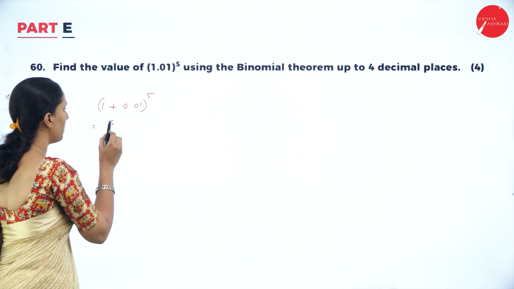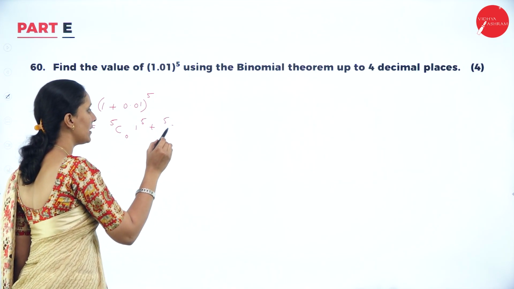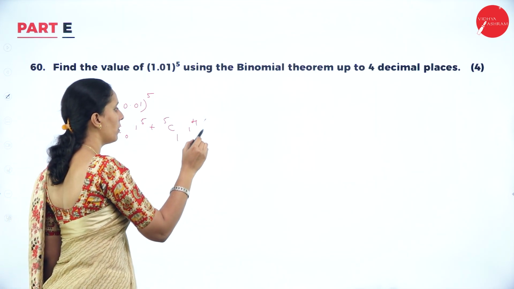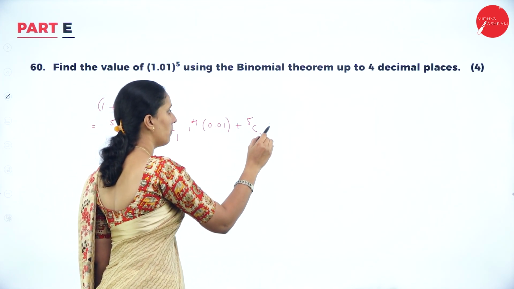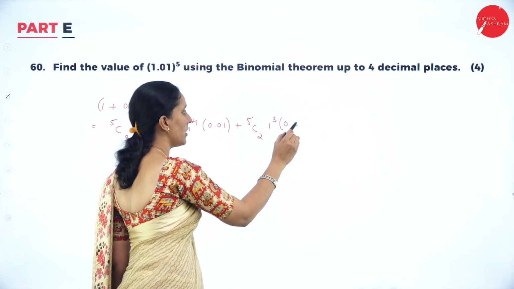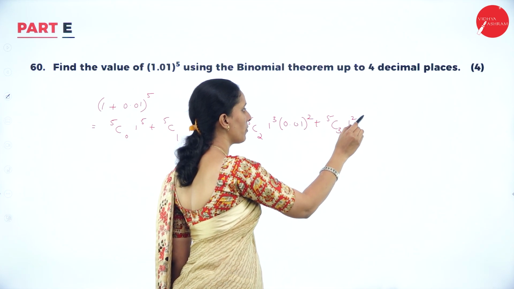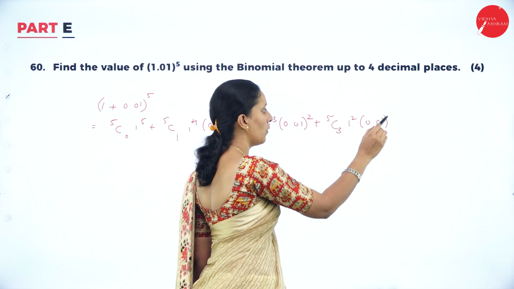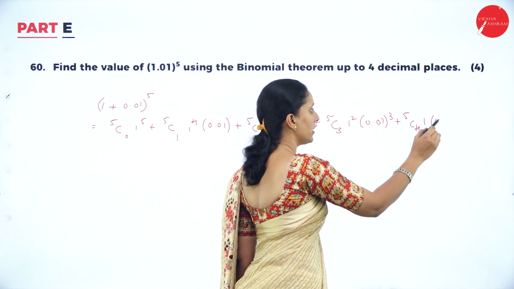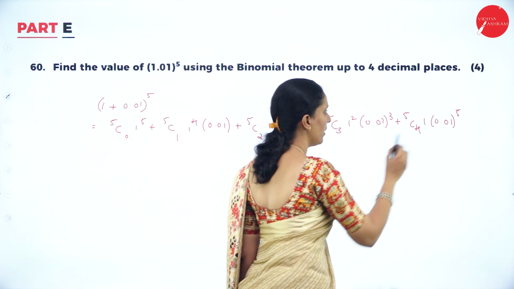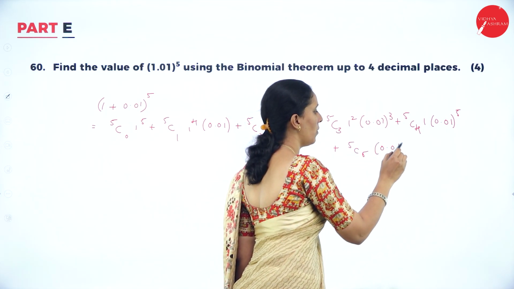So the first term will be 5C0, 1 power 5, plus 5C1, 1 power 4, 0.01 plus 5C2, 1 cube, 0.01 whole square plus 5C3, 1 square, 0.01 whole cube plus 5C4, 1, 0.01 whole power 4, plus 5C5, 0.01 whole power 5.